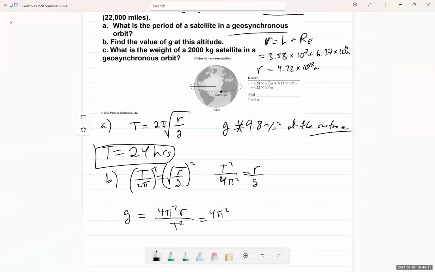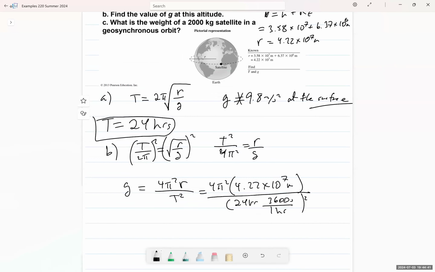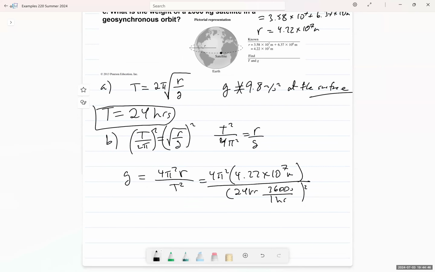All right, so 4 pi squared times 4.22 times 10 to the 7 meters, divided by the period, which is now 24 hours, where 1 hour is 3,600 seconds, and we square that. So then we should be able to calculate this.